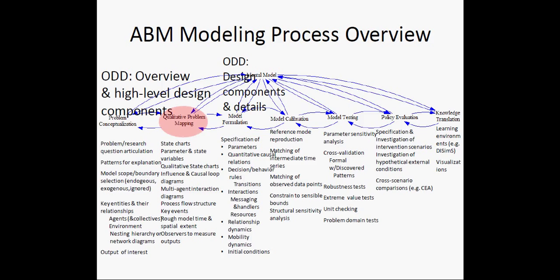And then you might use it to look at counterfactuals where there's very little data available. Model testing overlaps some. I put cross-validation here, but it involves sensitivity analysis and robustness tests, extreme value tests, etc. And then using the model in various forms and bringing it to stakeholders.